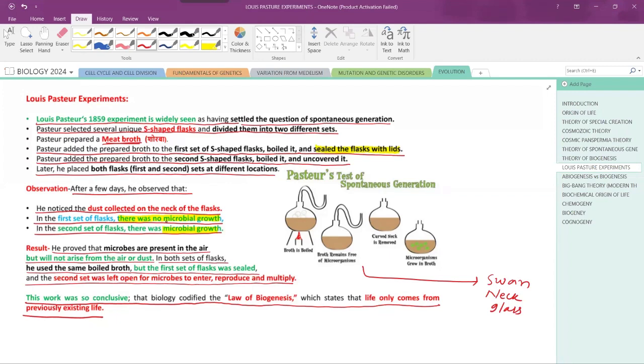That's why there is no formation of life there, but in the open flask the microbes get in direct contact with the broth. Because of that, they multiply, and you will see the presence of life inside that flask.